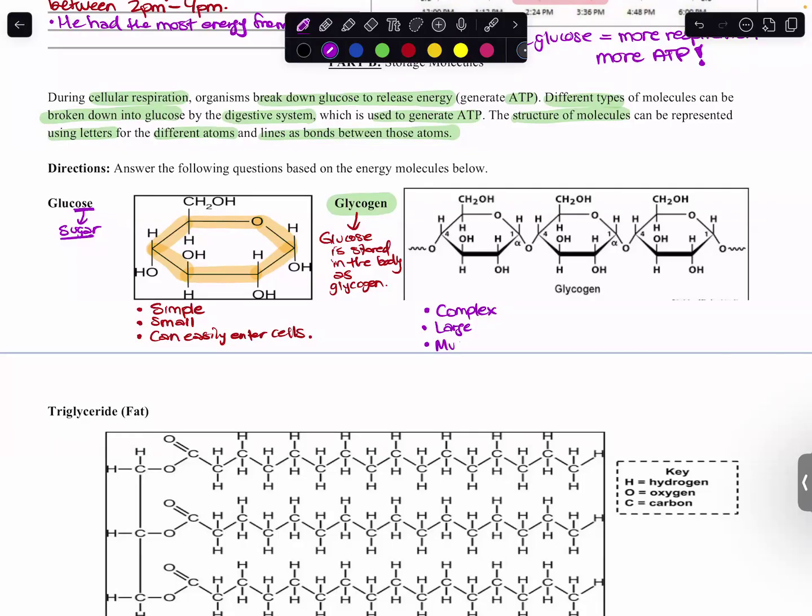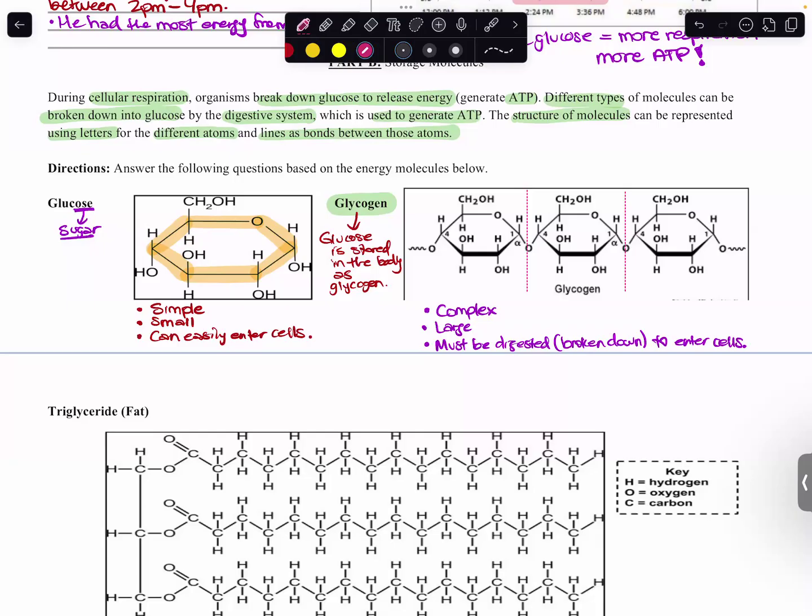It must be digested, broken down to enter cells, right? So if you take a look here, I'll show you where those bonds are being broken. If you see here, that's being broken there, and this is being broken here.